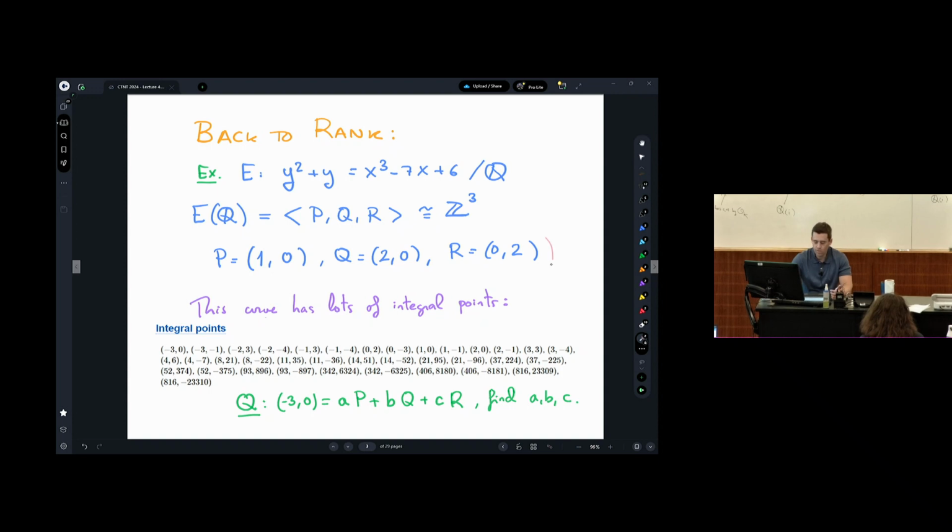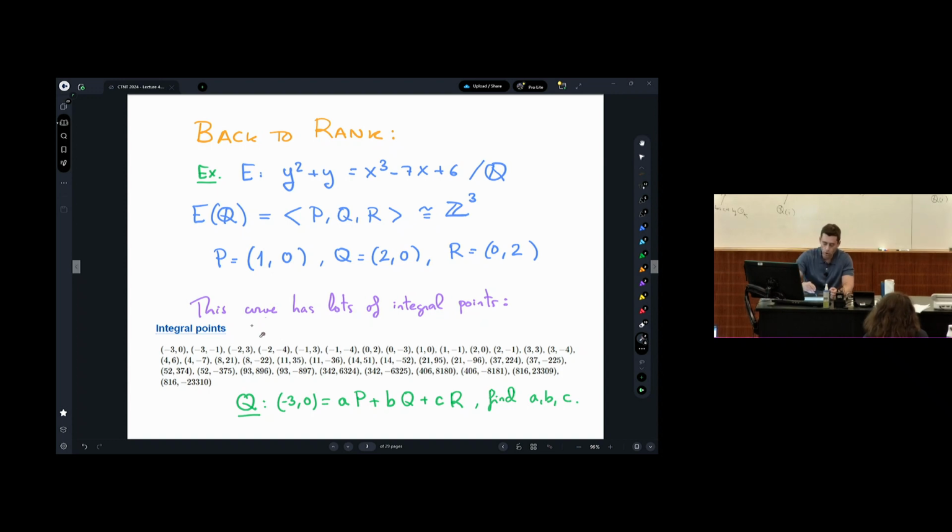If these were vectors in R^2, then you would immediately say this is independent, this is dependent, right? But in a Z-module, where the operation of addition is this geometric construction that is very opaque, it is very difficult to tell whether this point is linearly independent from those two.